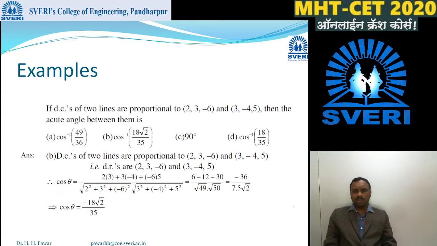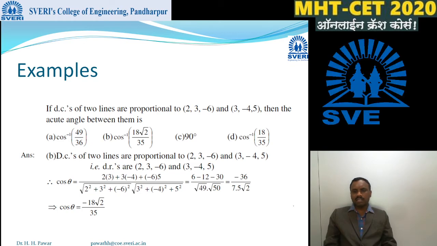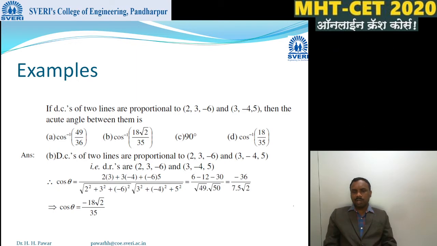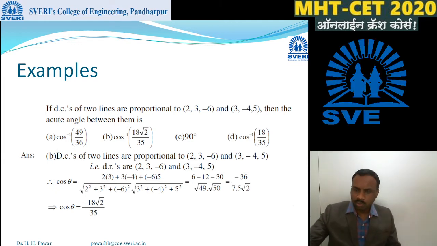So put the values here, we'll get cos theta is equal to minus 36 divided by 7 into 5 into root 2, that is cos theta is equal to minus 18 root 2 divided by 35. As we have to consider positive value only, that is by taking modulus, we'll get cos theta is equal to 18 root 2 divided by 35.